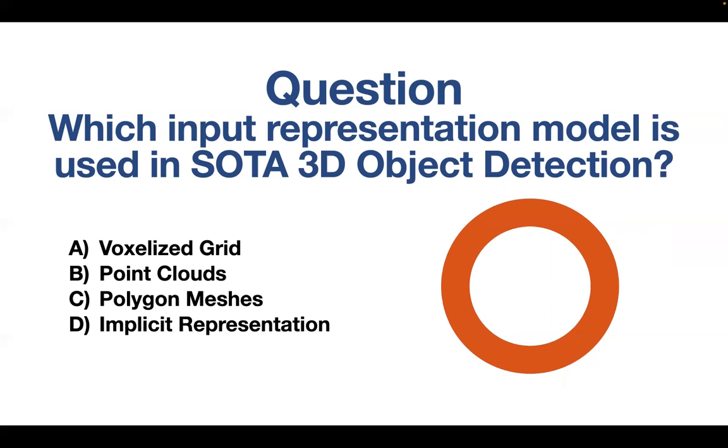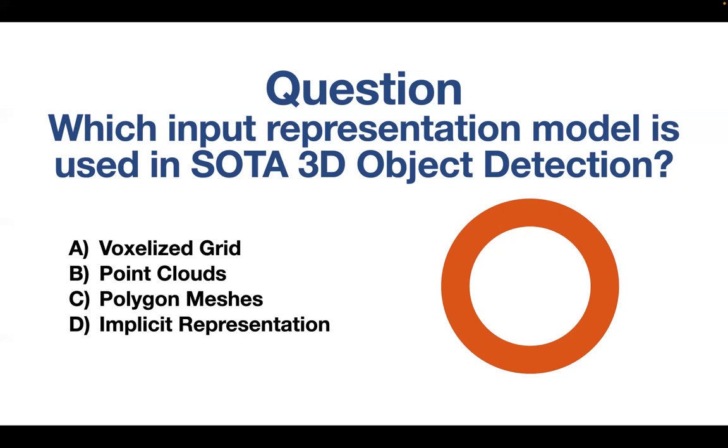All right, can we get a couple answers? All right, we have point clouds and voxelized grid. So this question does not have a very clear answer.